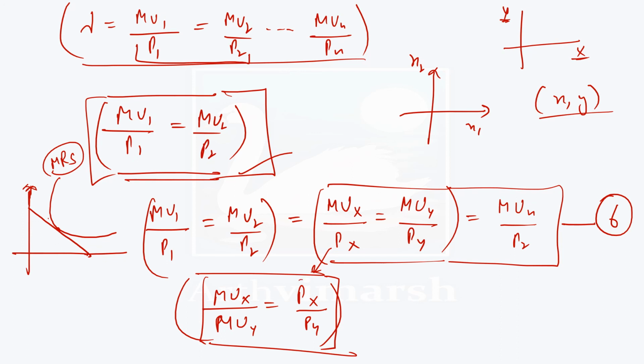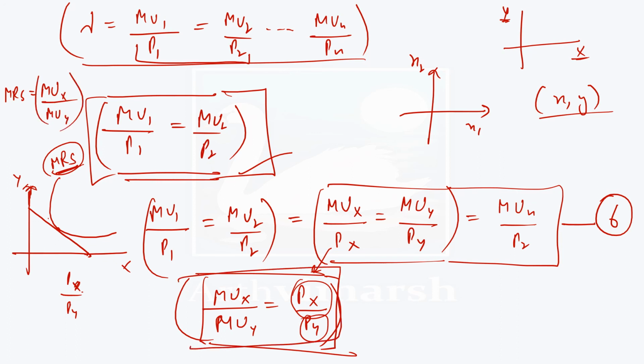It's the ratio of the prices, px upon py. If this is x and this is y, the slope of the budget line is given as px upon py, right? And the slope of an indifference curve, we know, is the marginal rate of substitution, which is equal to the ratio of the marginal utilities, right? So this is what we are getting in this expression, right?